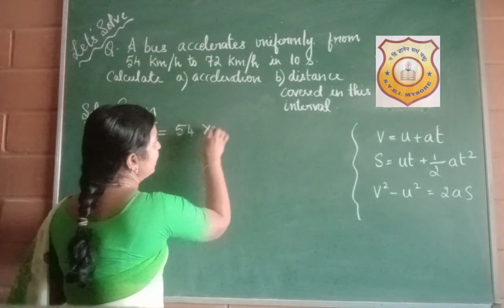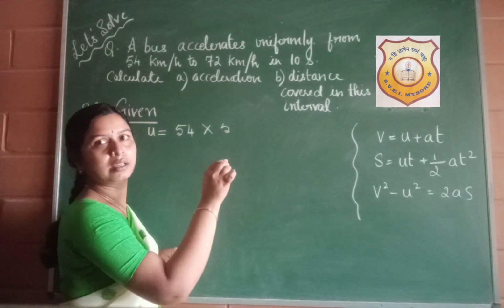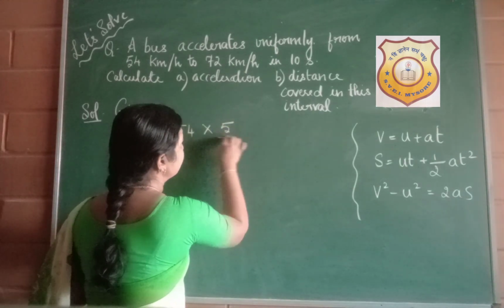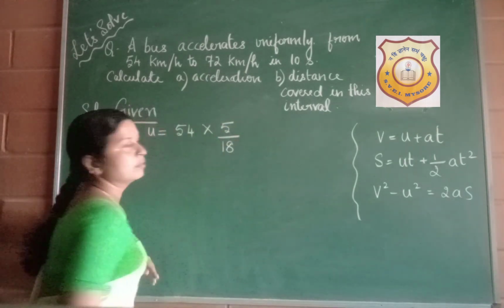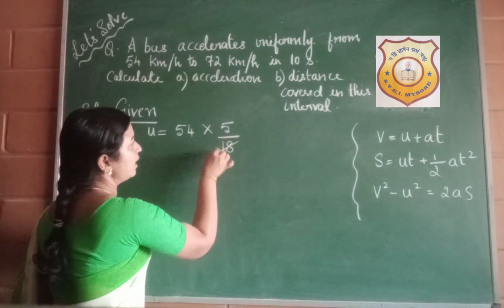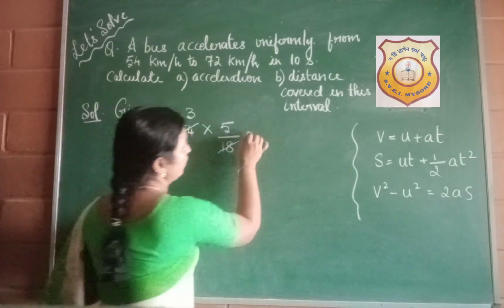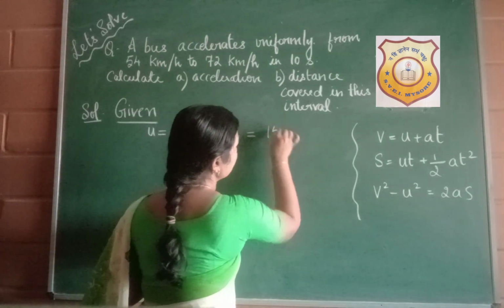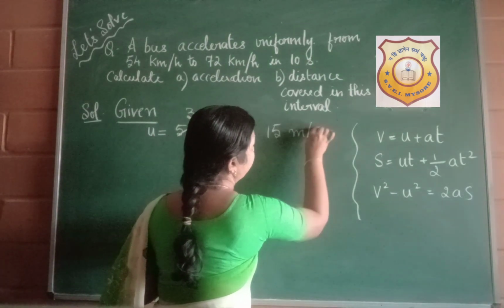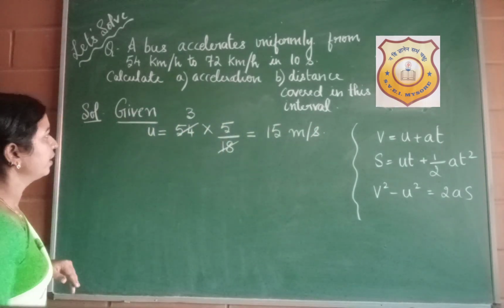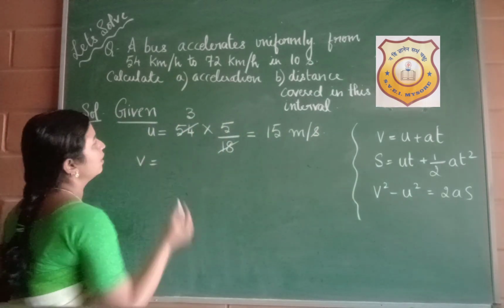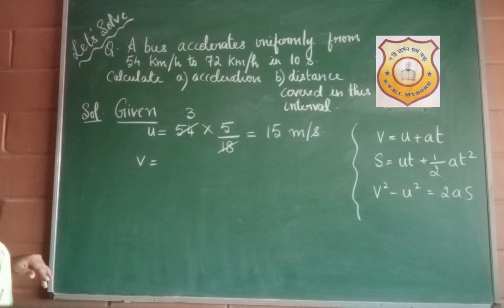So we are going to multiply it using 5 by 18. Alright, and we know that 18 3s are 54, 3 into 5 is 15. The unit will be meter per second. What about v? v is given as 72 km per hour.